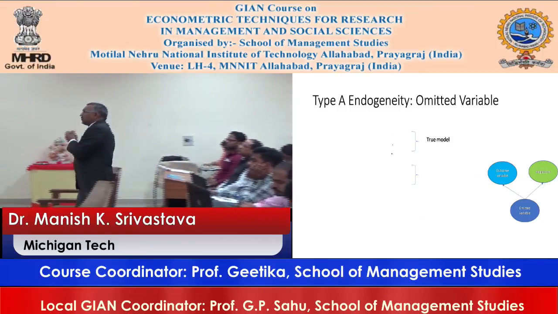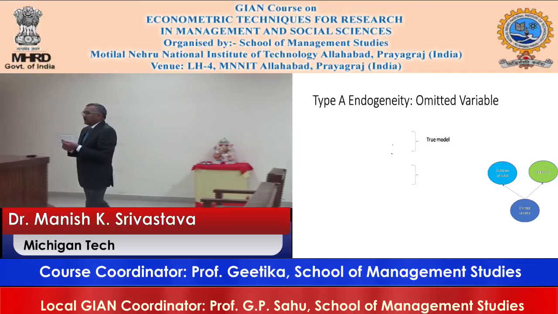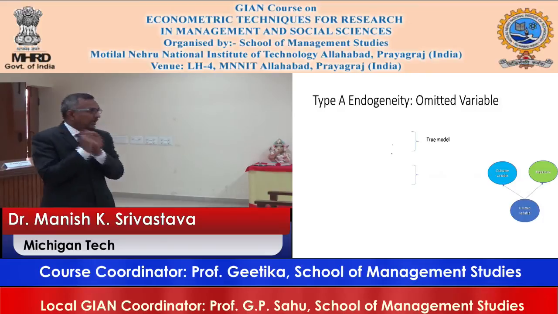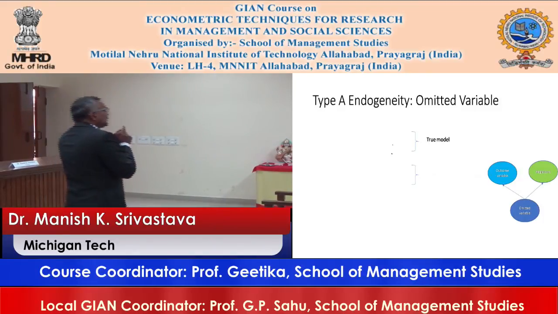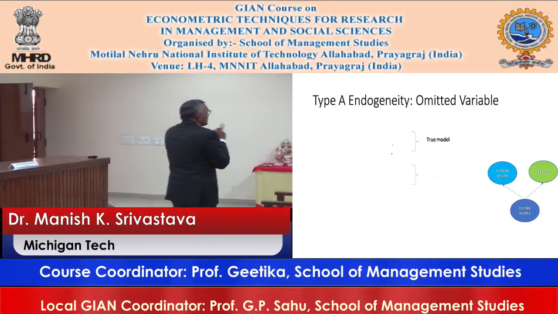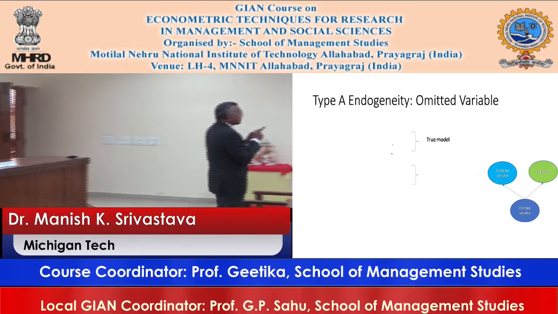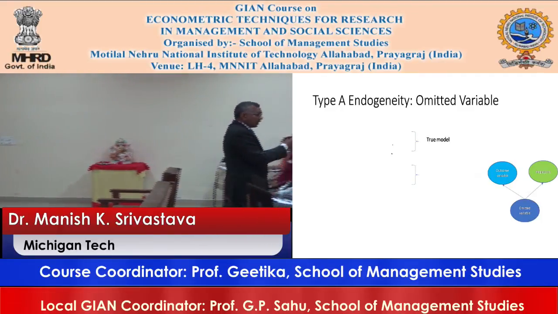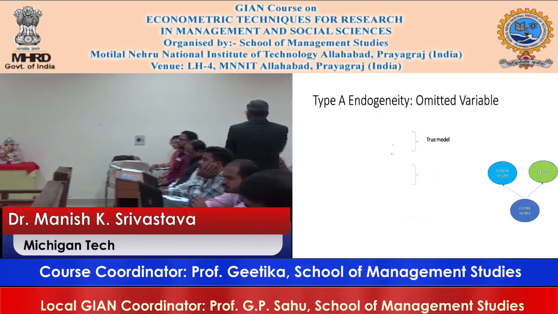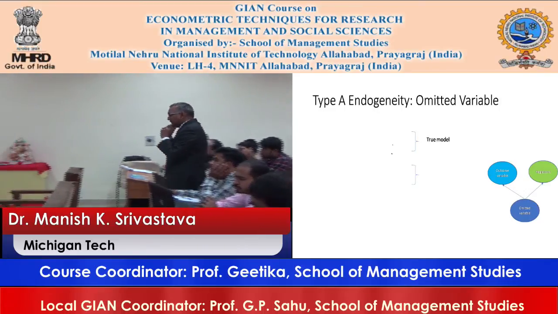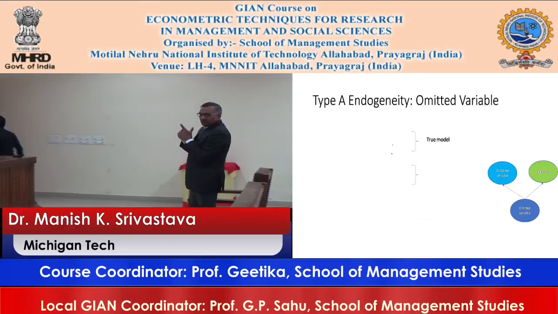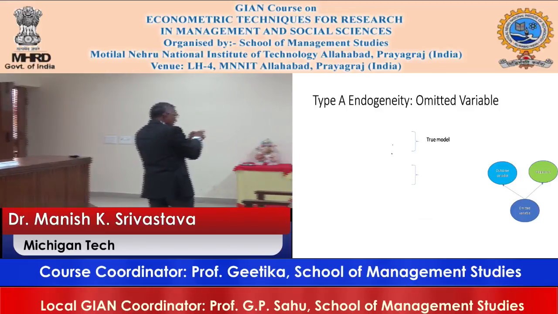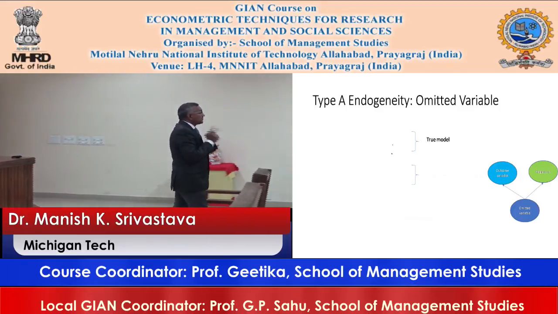So what do we mean by that? I have a model where x1, x2, x3 are the predictors, and one or more of those is what we call an endogenous variable. What does an endogenous variable mean? It means that the covariance between that variable, one of the variables in your model, and the error term is not 0.